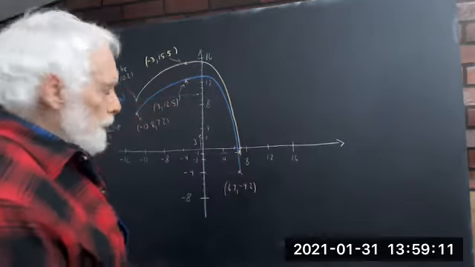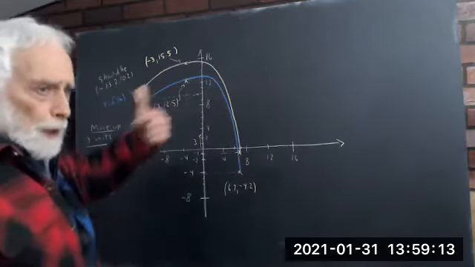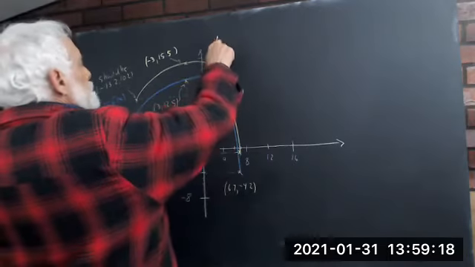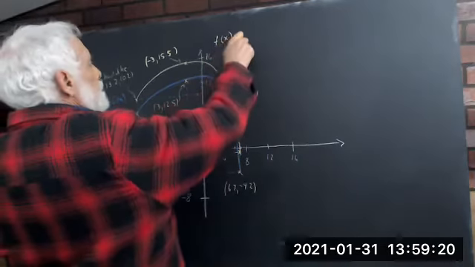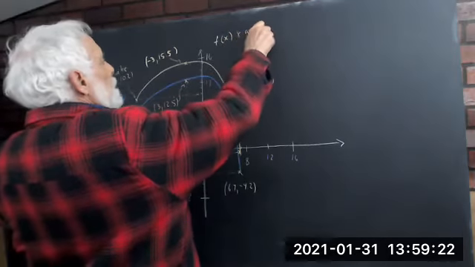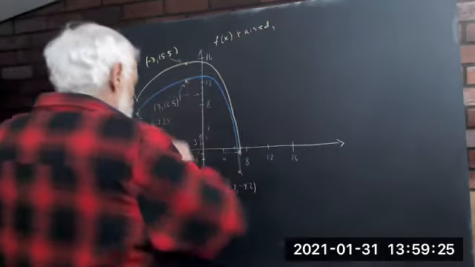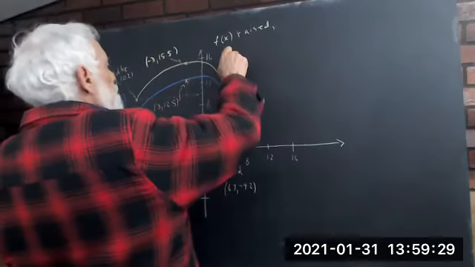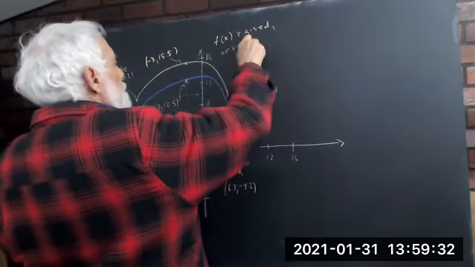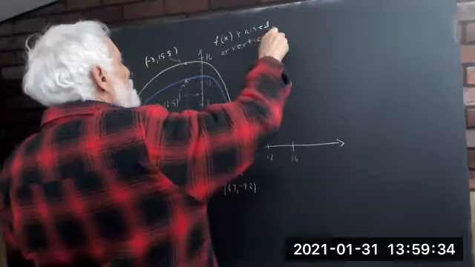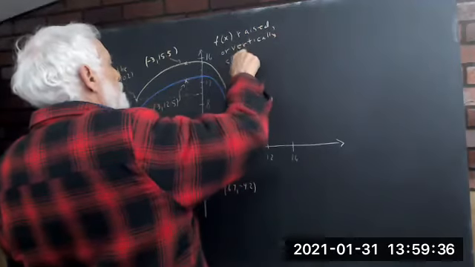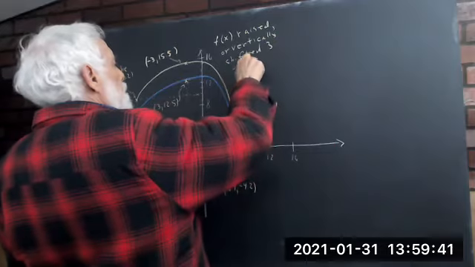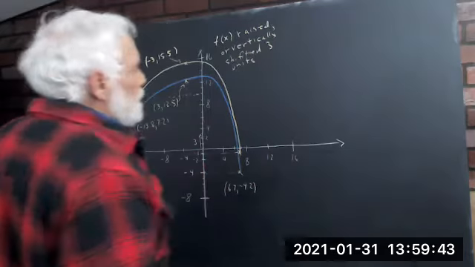And here's my graph of f of x raised 3 units. Now I'm going to use a different word than raised. I can say vertically shifted 3 units.